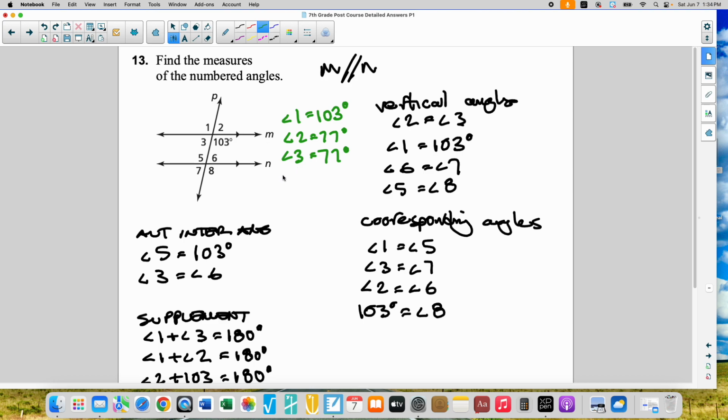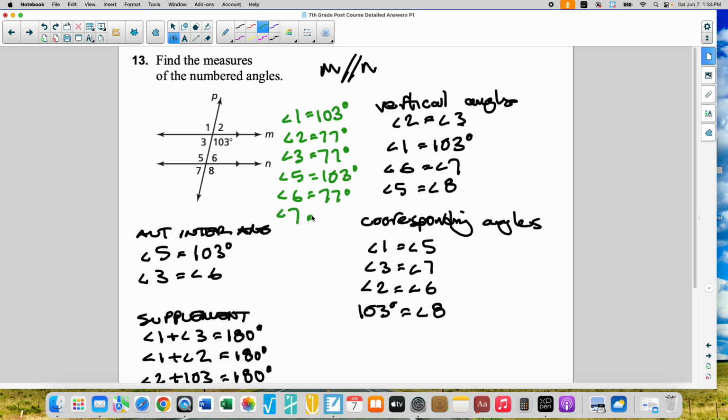Angle 4 we don't have, so angle 5 corresponds with 1, so it's 103 degrees. Angle 6 is alternate interior to 3, so angle 6 is equal to 77 degrees because they're alternate interior.